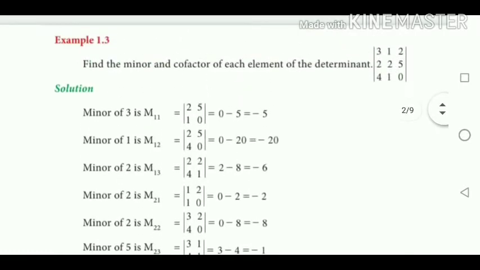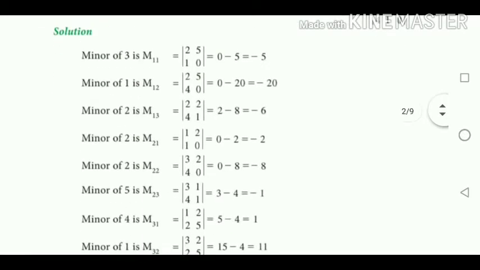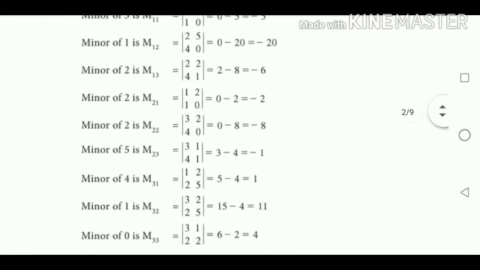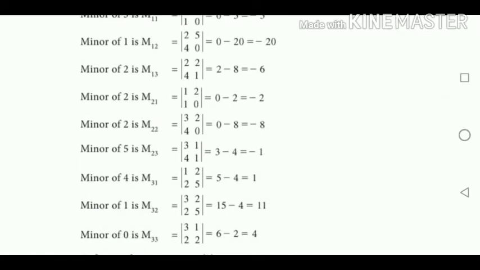That is from the first element M11, M12, M13. Likewise, you have to find it for each and every element by deleting the row and column. For example, if it is M23, delete the second row, third column. M31 means third row, first column.